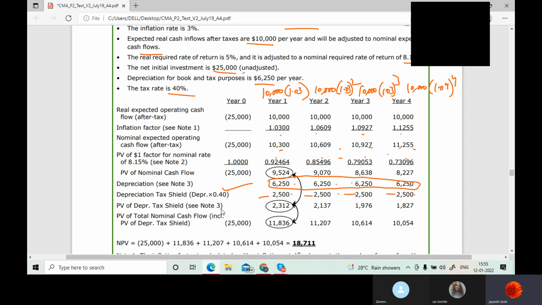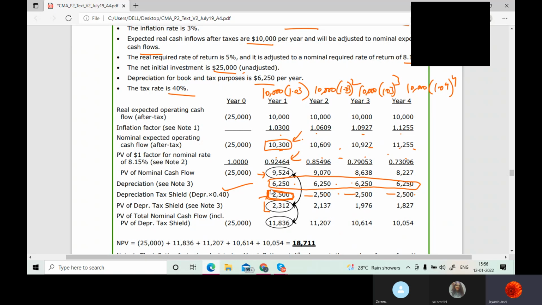And then you have to find out the present value of this particular tax shield amount. Or else you can do one thing: you can take this 10,300 and add this 2,500, and then find out your present value. But what they have done is they have taken the inflation adjusted cash flows and discounted them.